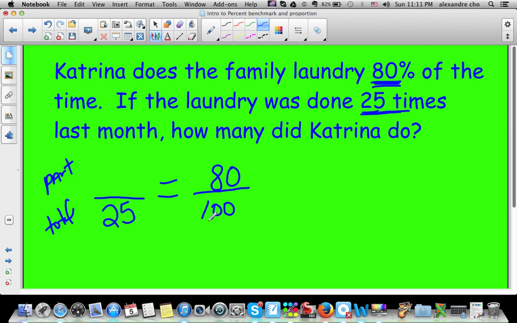So again, look for the relationship. This time we're going this way. 100 to become 25 is divided by 4. And that same relationship is going to be applied on top. So you got 80 divided by 4, which is 20. So out of the 25 times that the family did laundry last month, 20 were done by Katrina.